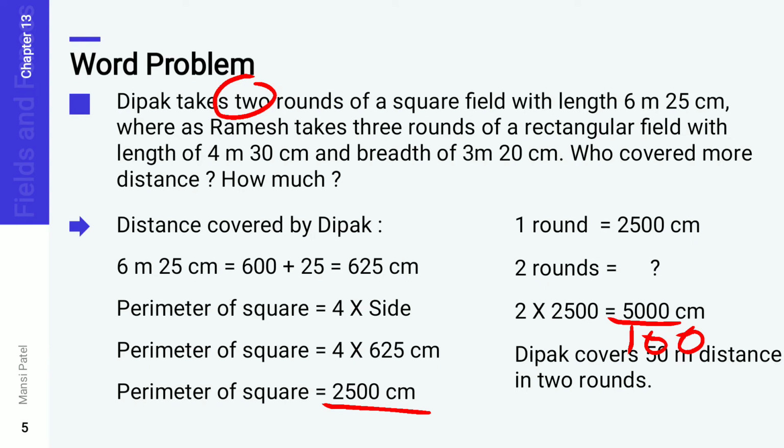Why? Because we know that 1 meter is equal to 100 centimeter. Now these two zeros are cut and these two zeros are cut. So the answer 50 meter is coming. So the distance covered by Deepak is 50 meter in 2 rounds.